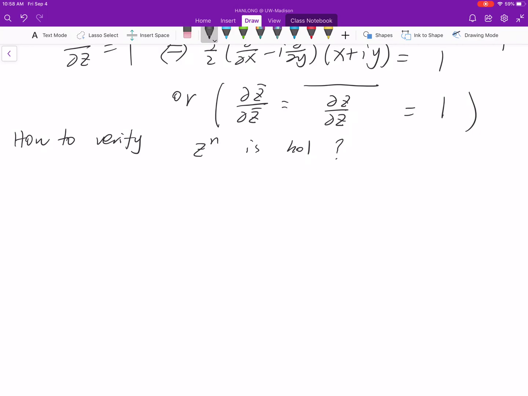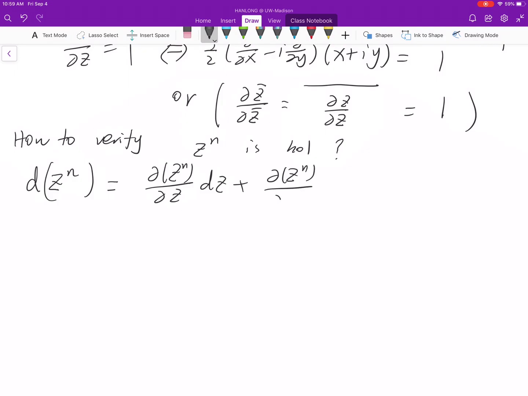A convenient way, which you will learn later on, though probably not in this course, is this intuitive way: the differential of z^n equals partial z^n partial z dz plus partial z^n partial z bar dz bar.